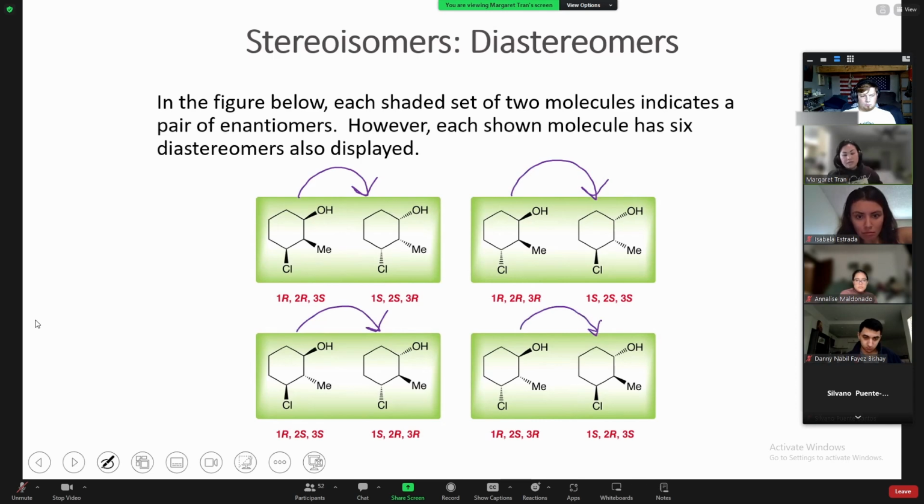All the wedges turn to dashes, all the dashes turn to wedges. Whereas all these other examples are diastereomers of each other because only some change. There are 3 stereocenters here, so 1 or 2 stereocenters change between those molecules. So enantiomers all, diastereomers some. Make sure you remember that.